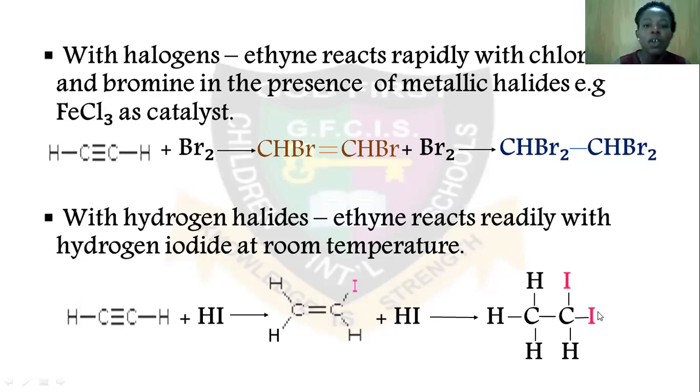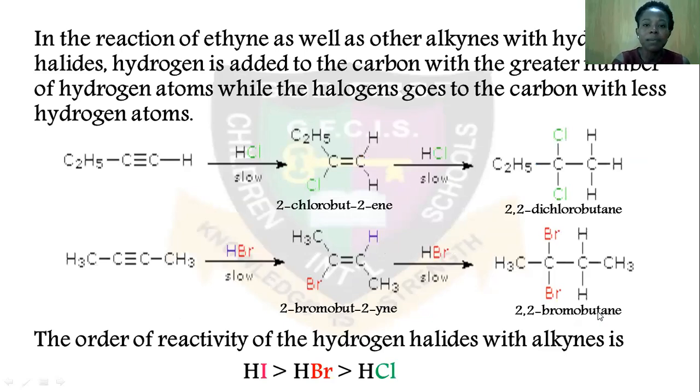Let's take an example. Look at what I said: in the reaction of alkynes with hydrogen halide, hydrogen is added to the carbon with the greater number of hydrogen atoms, while the halogen goes to the carbon with fewer hydrogen atoms. So in this case, you have this substance, but-1-yne, reacting with hydrogen chloride.